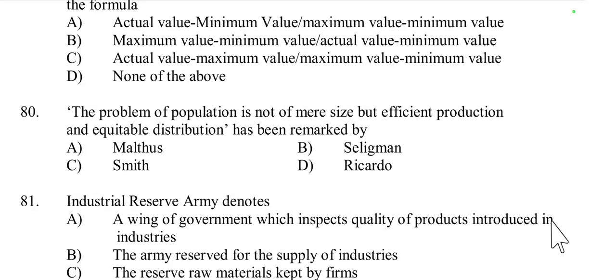This statement was remarked by Seligman, option B, because Seligman emphasized that distribution and efficiency are more critical than just population size. So option B is the right answer.